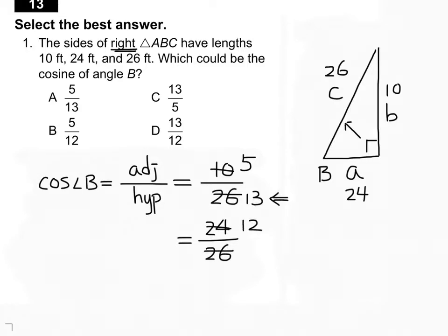So the only possibility would be something over 13. Which would be the option? Obviously letter A. Anything divided by the hypotenuse, which should be the longest side. So this is how I would do the problem.